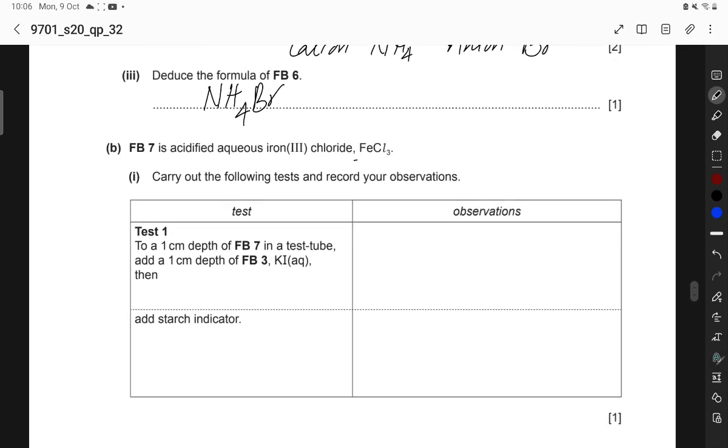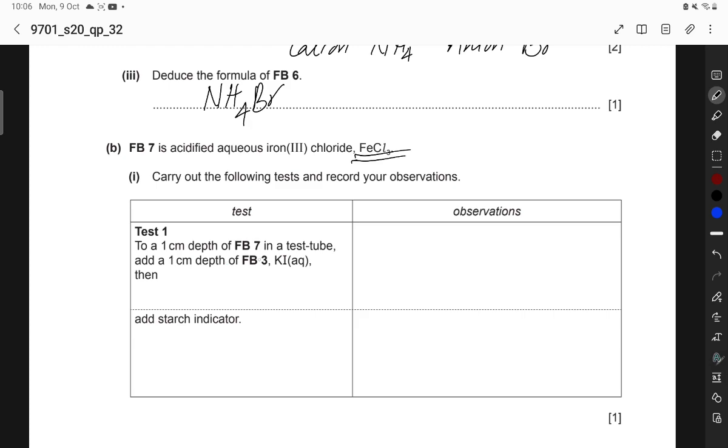FB7 is acidified aqueous iron(III) chloride. Carry out the following test and record your observation. This is FeCl3.